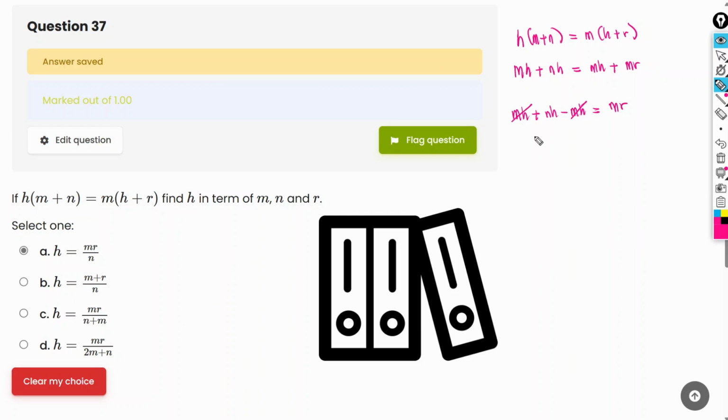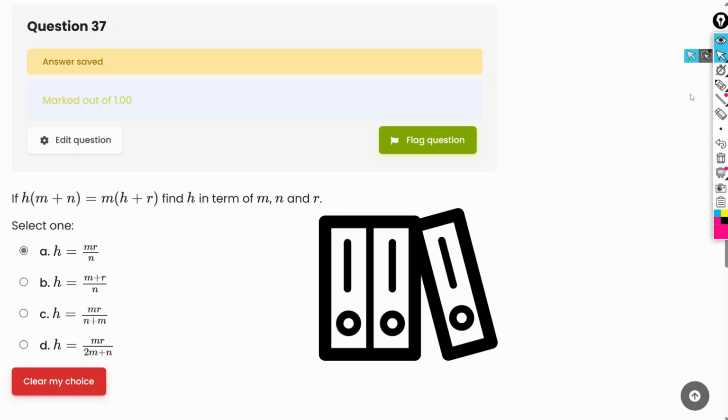It's like saying 5 minus 5. So we just have NH is equal to MR, and we can divide both sides by N to get H. So H is MR over N. That's option A. So 37 is A.